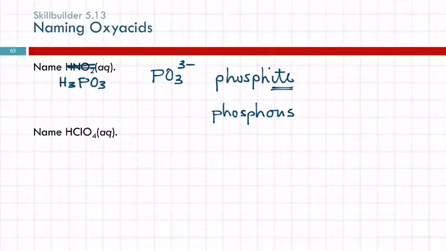For sulfur and phosphorus, they have this syllable that kind of comes and goes. So phosphorus and sulfur both have this syllable that kind of comes and goes.